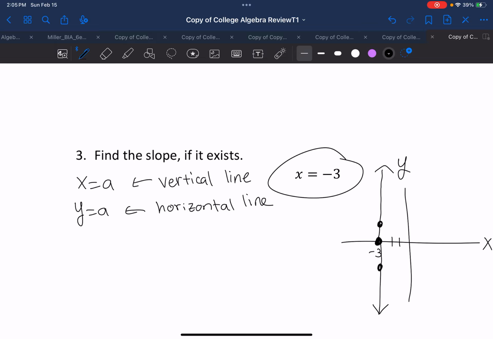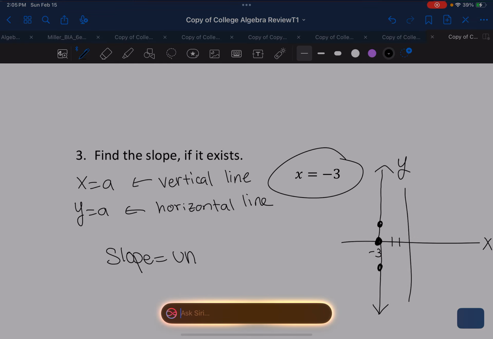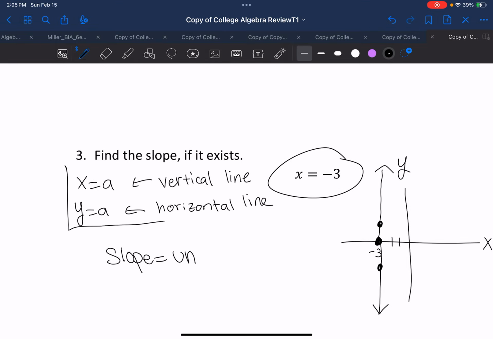So this is a vertical line. And vertical lines have a slope that is undefined. So this is just a note you can have. So the answer would be an undefined slope. And if it was a horizontal line, then the slope of a horizontal line is 0.